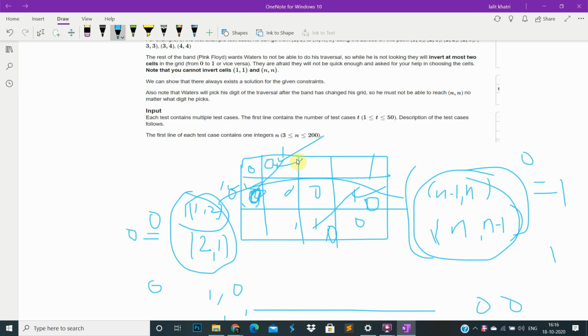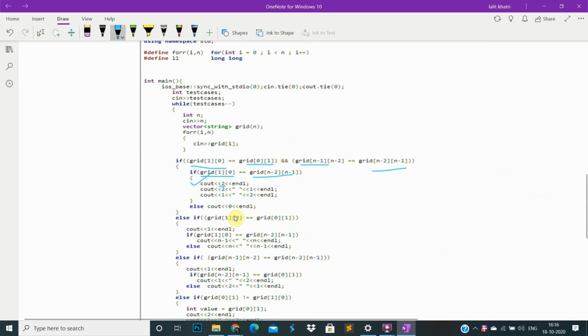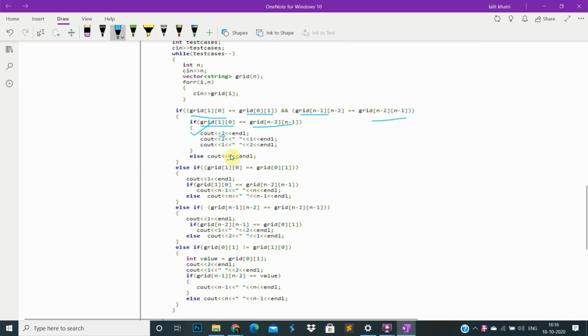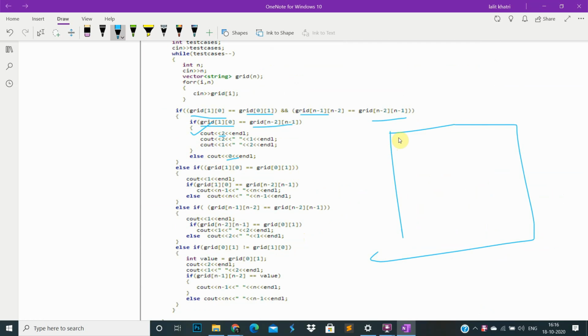If both are same and not equal to the others, then the answer will be 0. Now we have to check this grid: if these 2 points are equal and these are equal, then we see whether this point is equal to this one. If both are equal and both are 1, we have to make both 0.